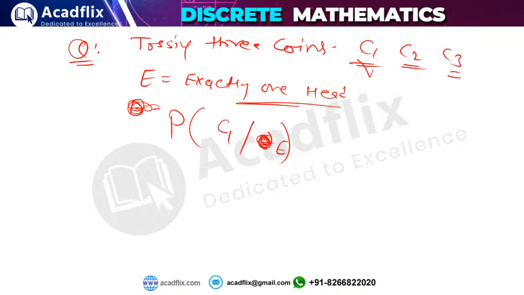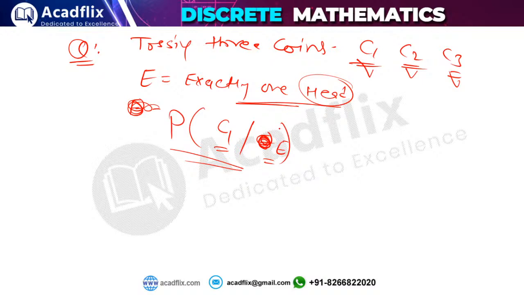Maybe this head came on this, maybe on this, or maybe on this. My question is, what is the probability that this head came on C1, given that head has already come? Actually, sorry, my question is, what is the probability that you have chosen C1 given that head has already come?